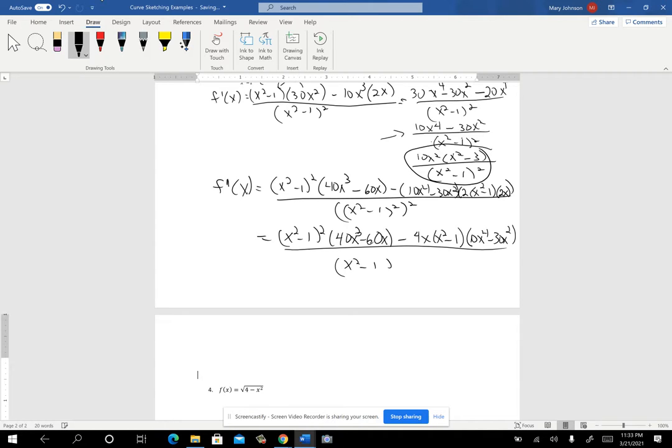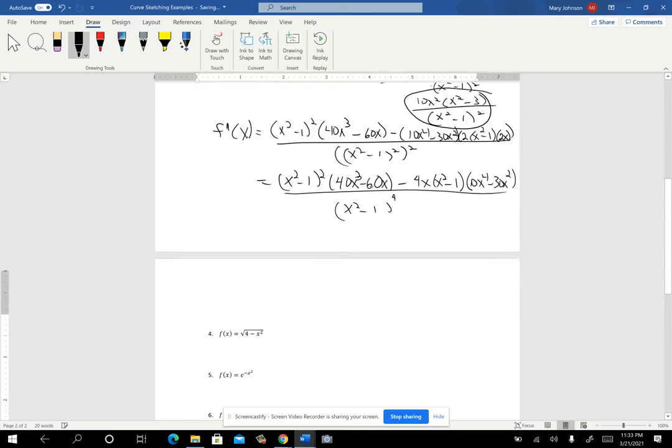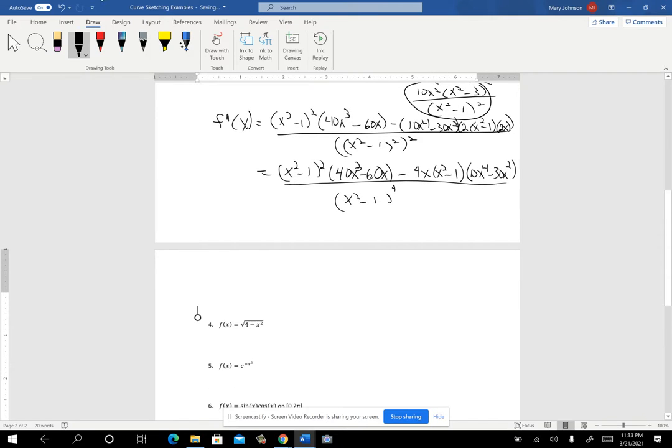And the denominator would be x squared minus 1 to the fourth. All right, now one thing I notice is there's x squared minus 1 here, here, and here. So I can knock out one of those. So this will be down to 1, this will be down completely, and this will be down to 3.